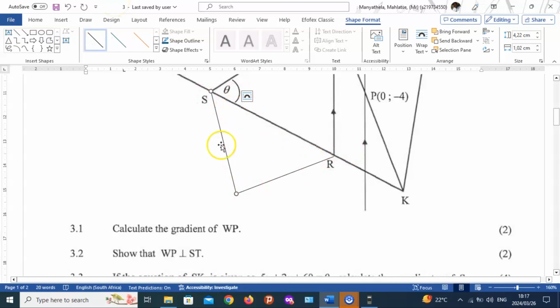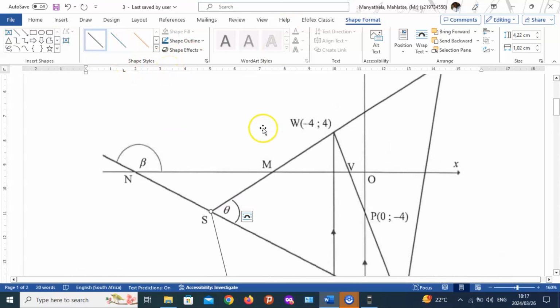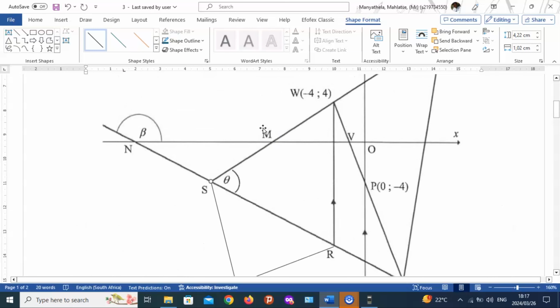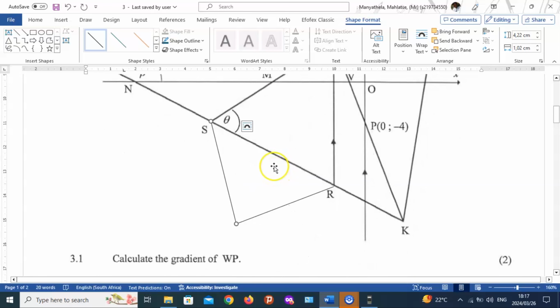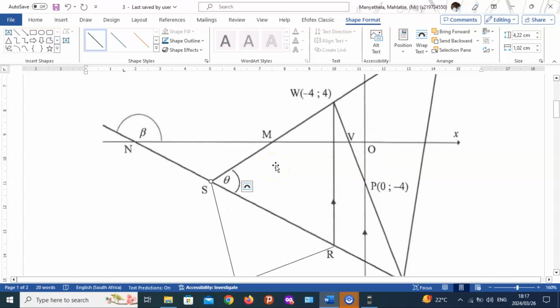Where these two lines meet, they will give me the vertex L.